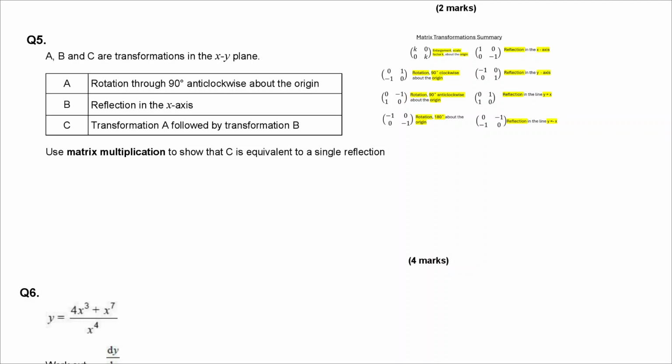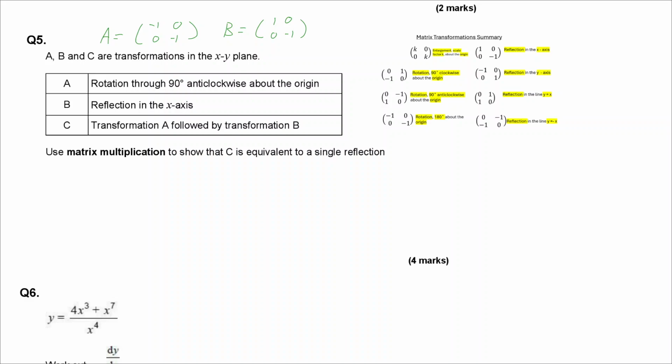So let's define A to be equal to this one here, which is minus 1, 0, 0, minus 1, and then B, which is a reflection in the x-axis. If you just know off by heart that that is this matrix, 1, 0, 0, minus 1.